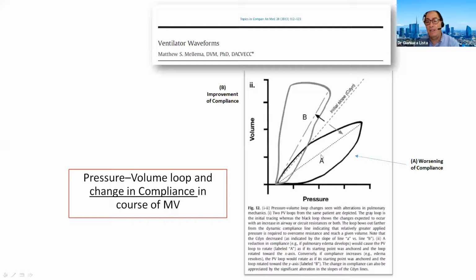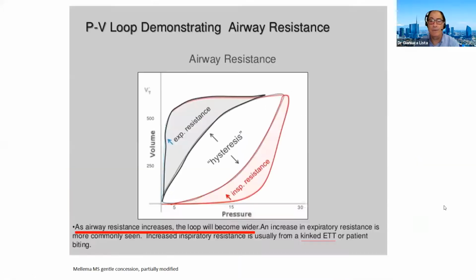For example, in the A example, there is a worsening of compliance in comparison with the B situation. And from the pressure volume curve, you can understand the entity of the resistance during inspiration, like in this case, or during expiration.